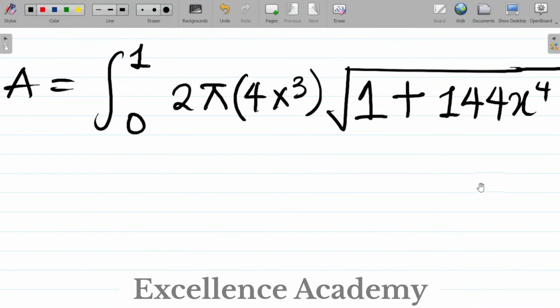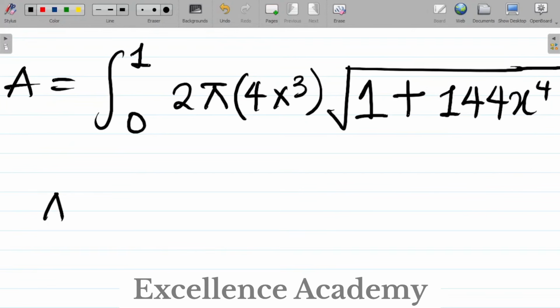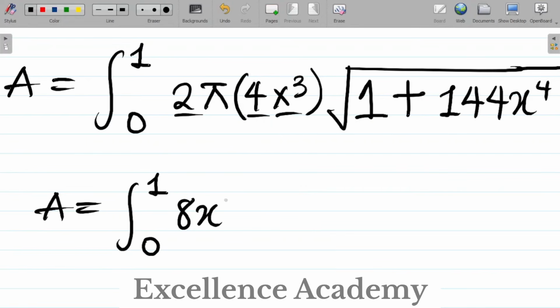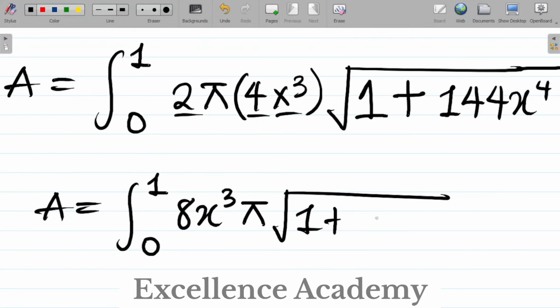All right, let's simplify this. So A will be equal to the integral from 0 to 1. 2 times 4 gives you 8. And then take your x cubed. So 8x cubed pi square root of 1 plus 144x to the power 4, of course, dx. All right, let's solve this.